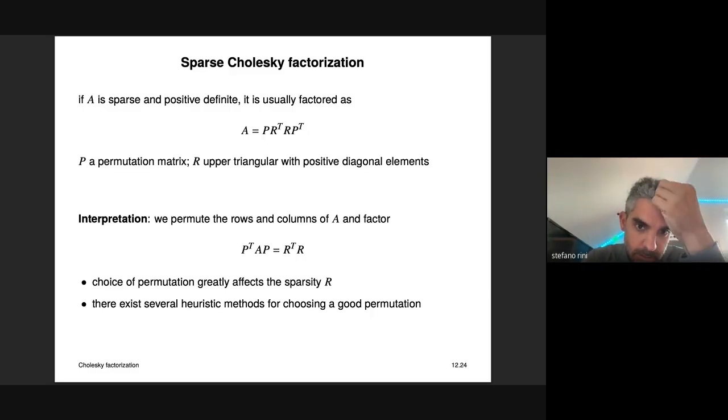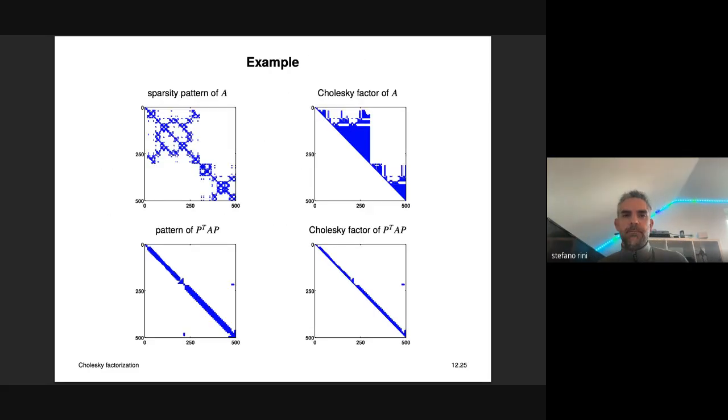And then R is your upper triangular matrix, and we want R to have big chunks of zeros below the index K. Okay, so the idea is that we permute the rows and columns of A to factor as P transpose AP, which is equal to R transpose R. So the choice of permutation affects the sparsity, and there are different heuristic methods for choosing the permutation.